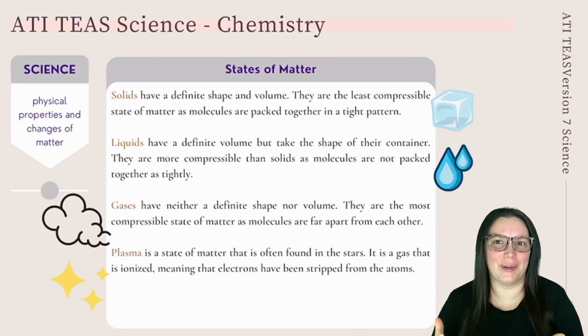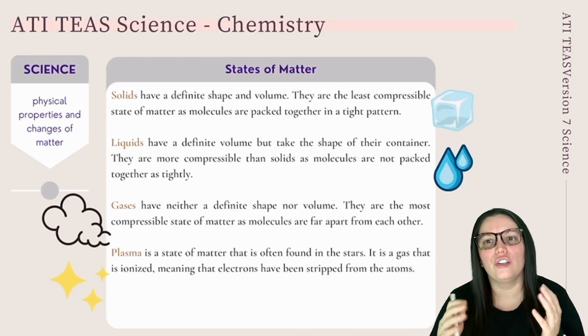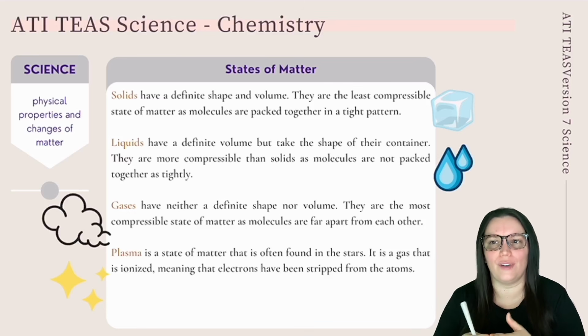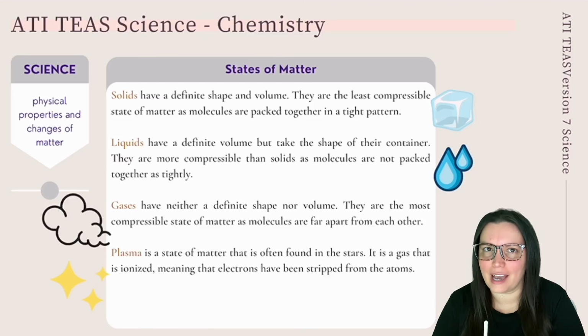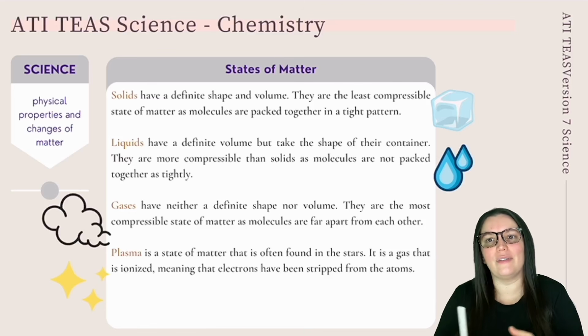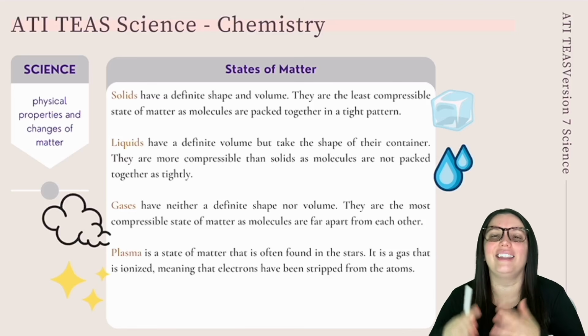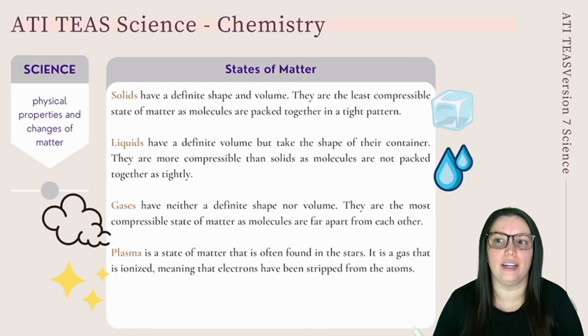So states of matter. The most common states of matter are solid, liquids, gas, and plasma. Solids have a definite shape and volume. They are the least compressible state of matter as molecules are tightly packed together in that tight pattern. Liquids have a definite volume, but they take the shape of whatever container they're in.